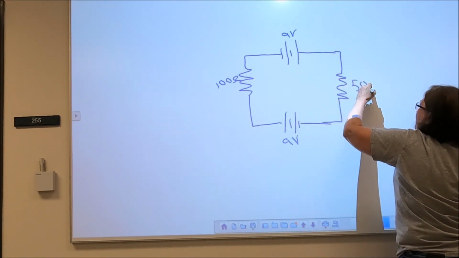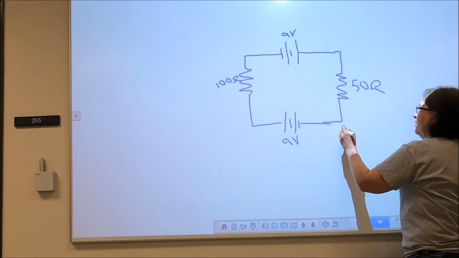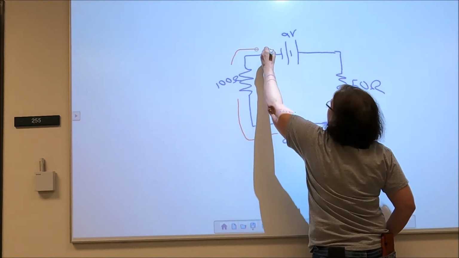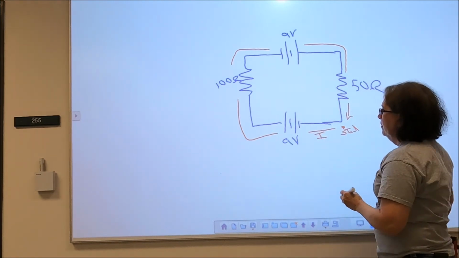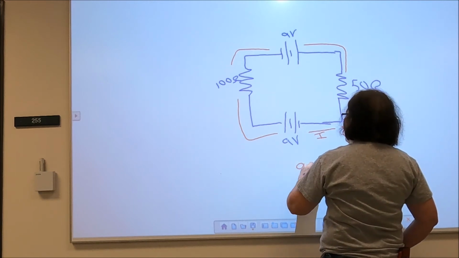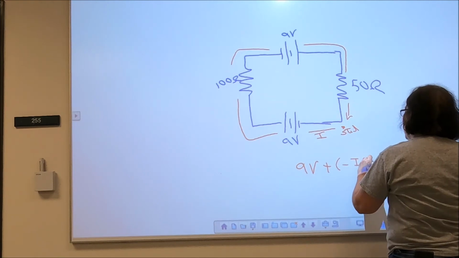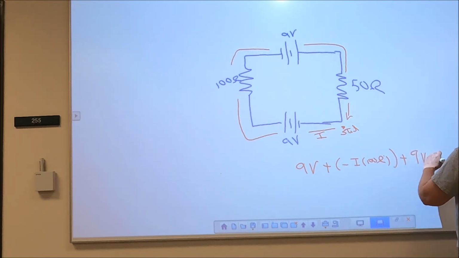And we'll make this a 50 ohm resistor. So if I start here and I travel this direction, the direction of my current flow, negative side to positive side, I have 9 volts plus a minus I times 100 ohms plus 9 volts plus a minus I times 50 ohms has to add up to be 0.